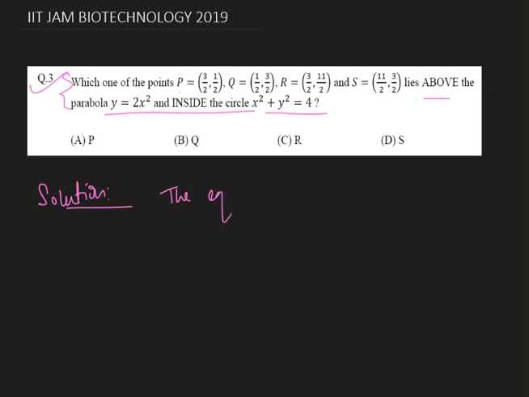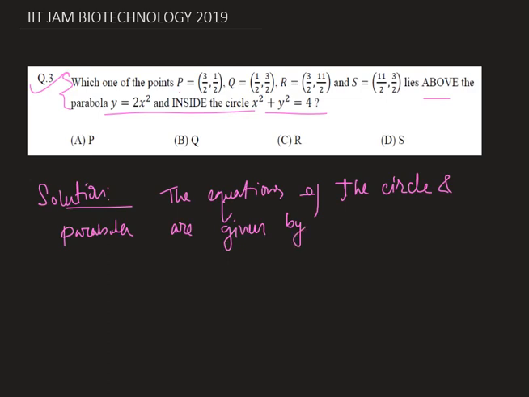The equations of the circle and parabola are given by y equals 2x squared and x squared plus y squared equals 4.